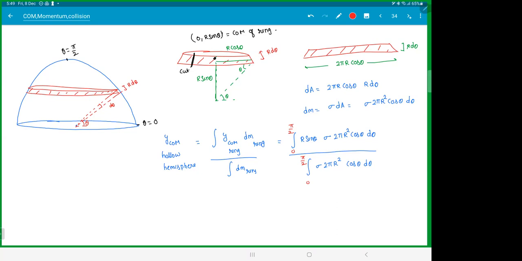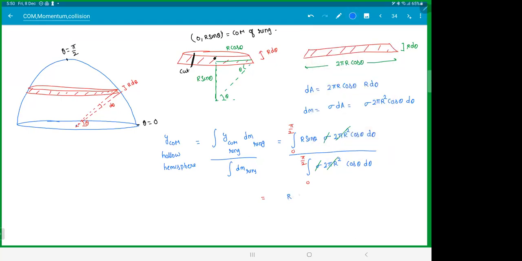Try. See, this 2 pi r square, sigma will cancel. Remember, you can only cancel constants. Don't cancel anything else. Be careful.